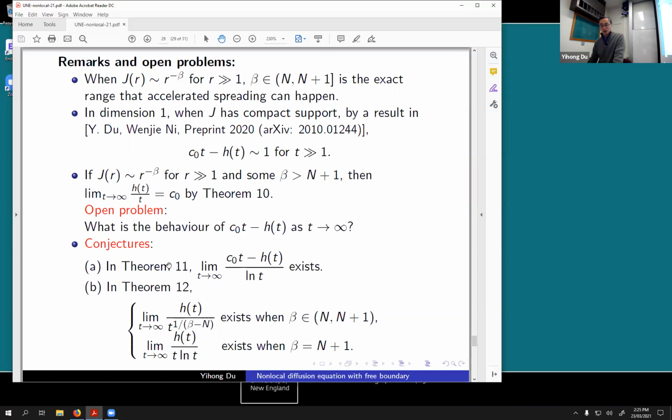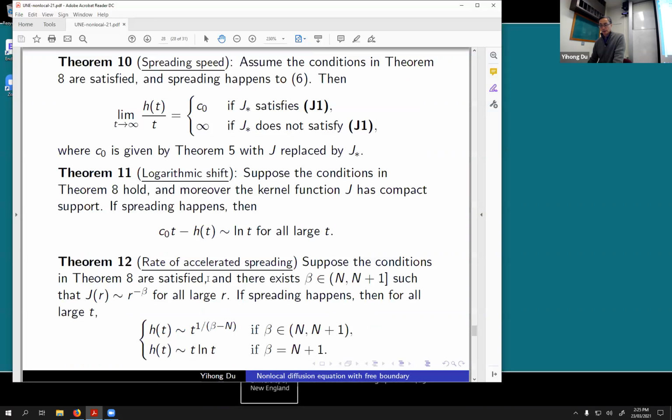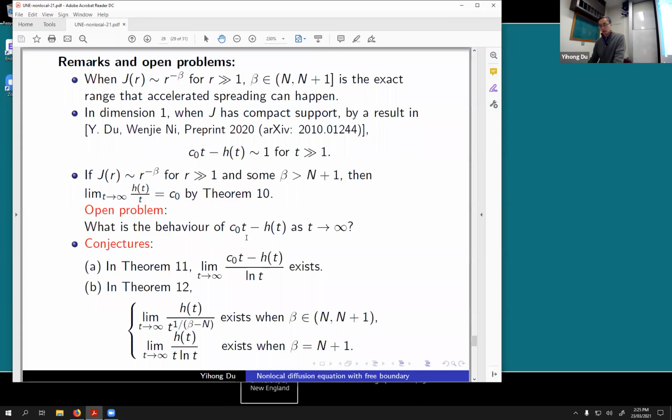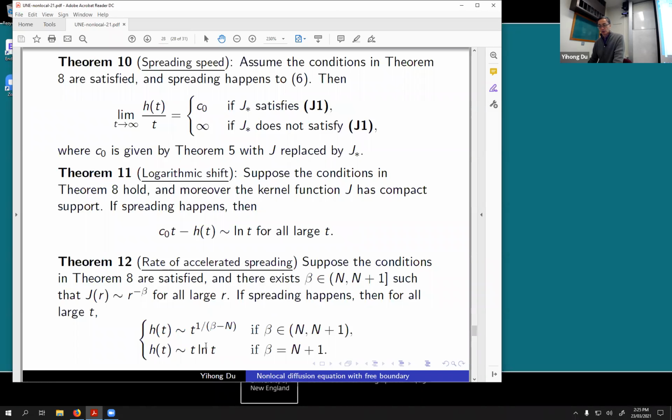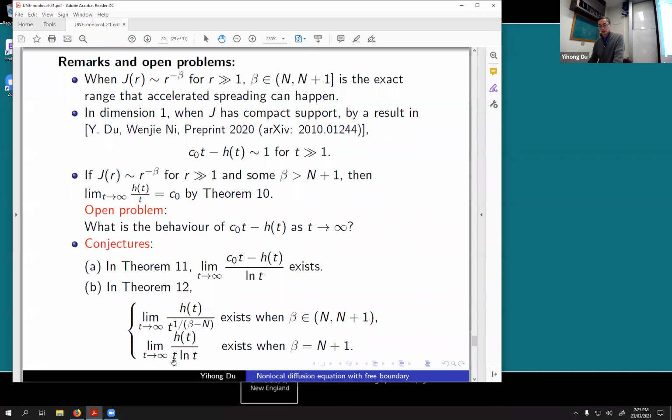In all these results, we just have these kinds of relationships, meaning this over that is bounded from both above and below by positive constants. Can you say you have a limit? We suspect the limit exists, but our techniques are not enough to get this. Similarly for these two cases, we suspect the quotient has a limit, but we don't know what the limits are because our techniques are not enough.